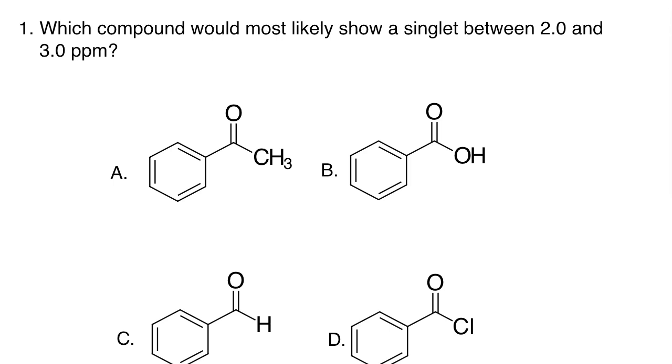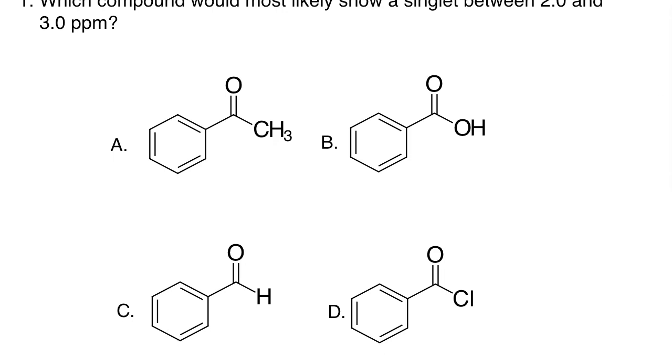Okay, so number 1, which compound would most likely show a singlet between 2.0 and 3.0 ppm? So what we want to look at here is how these structures are going to differ from one another, and ideally one of them will show a singlet in that region. So if we take a look at this, the compounds here are all aromatic.